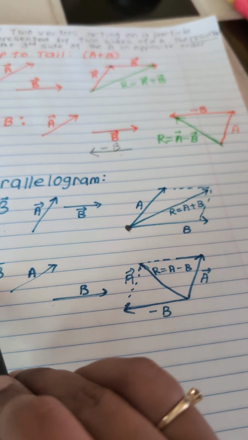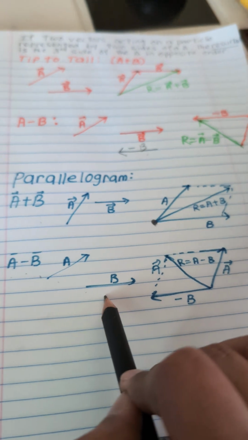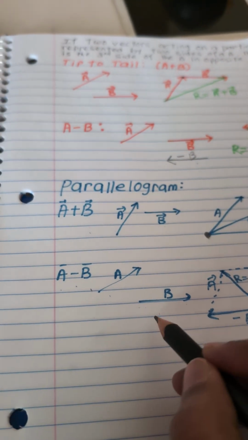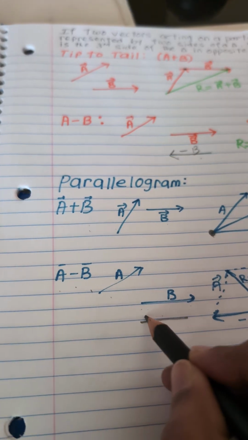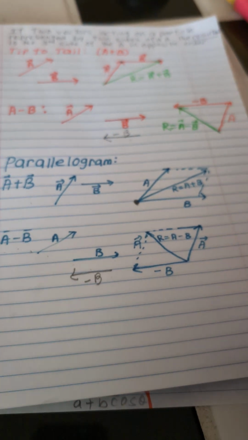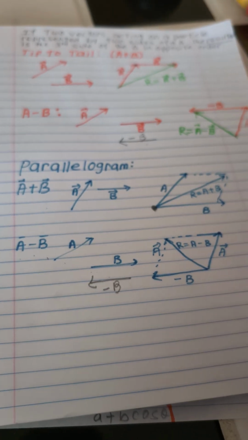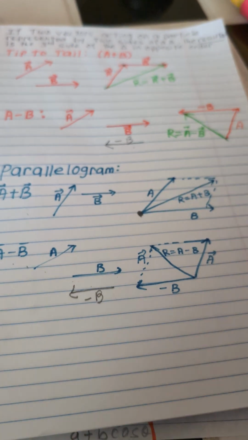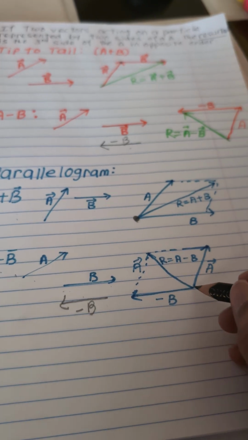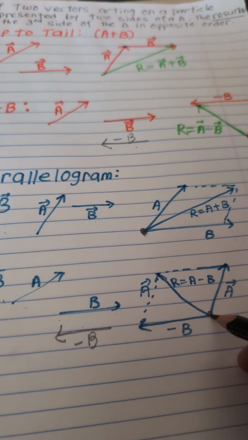Now coming to vector subtraction, A minus B. If A and B are two vectors, see, this is vector B, so I can simply represent negative B in the opposite direction like this. Now to satisfy the condition, let's put these two vectors as the two sides of the parallelogram starting from any origin.